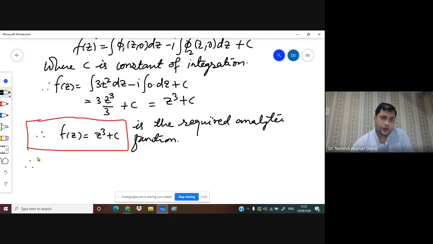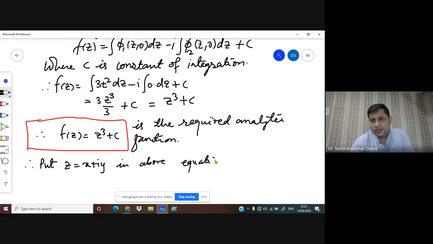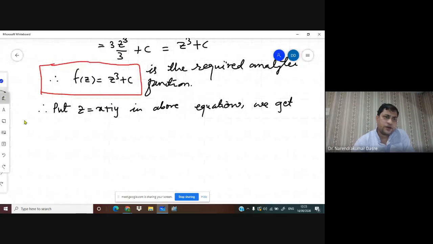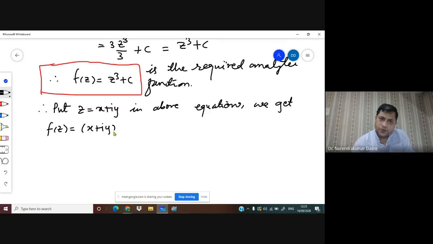So what we do is replace this z by x plus iy and find the real and imaginary parts. Put z equal to x plus iy in the above equation, and we get f of z equal to (x plus iy) cube plus c.